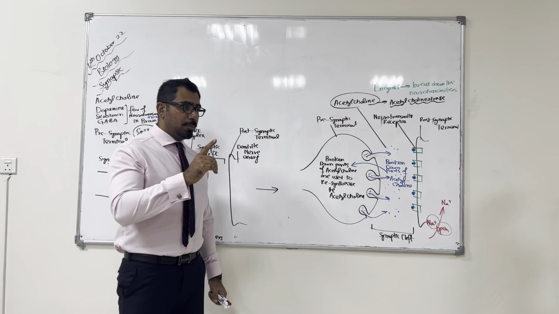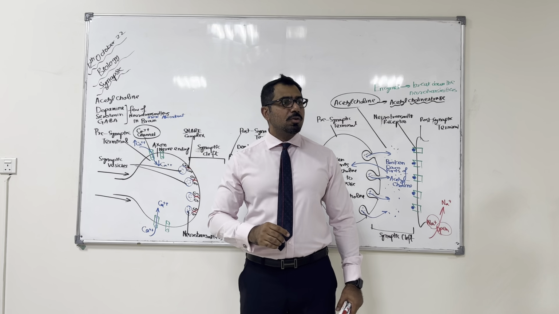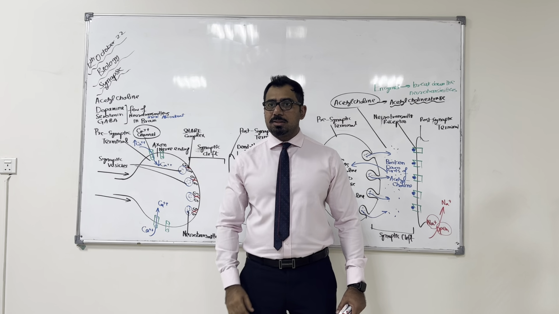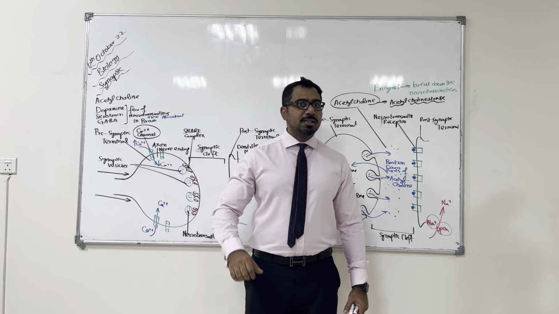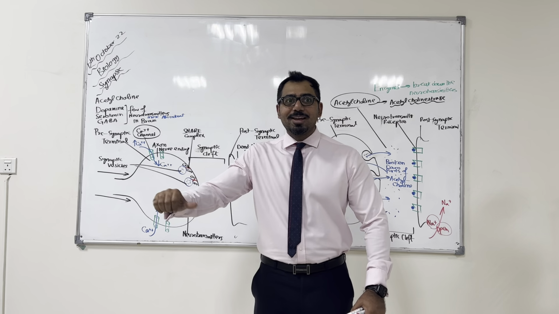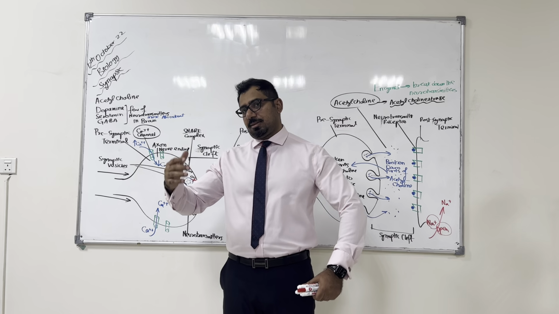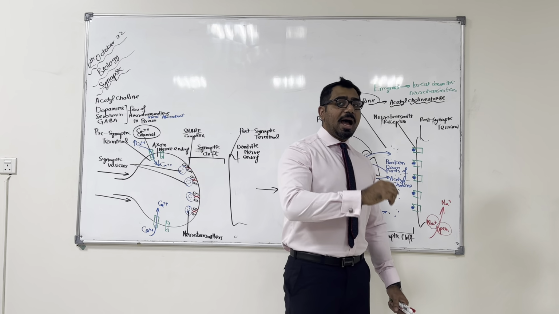Now, let me give you one example. You have heard about a disease called Parkinson's disease. Do you know what the symptoms of Parkinson's disease are? The person is always vibrating, right? Uncontrollable movement of the muscles. Why is that?